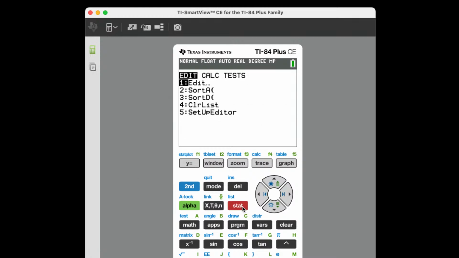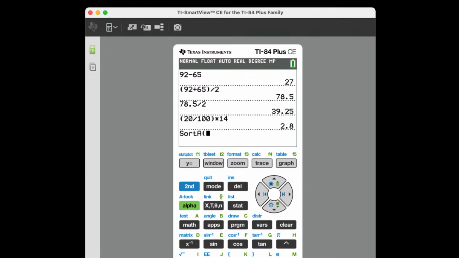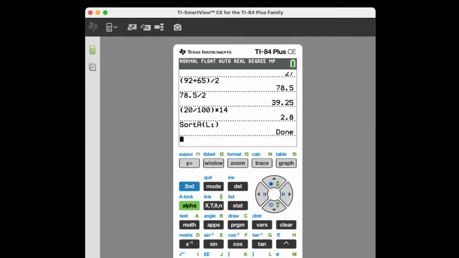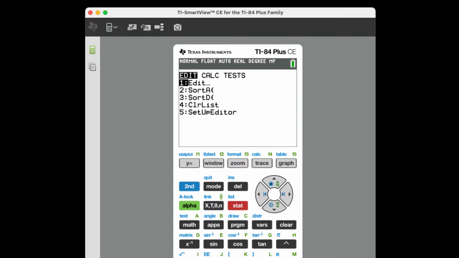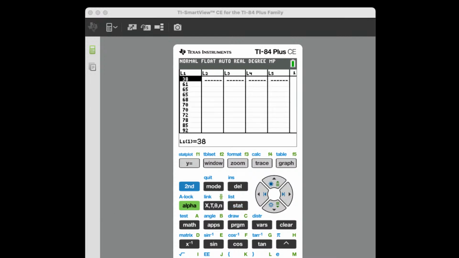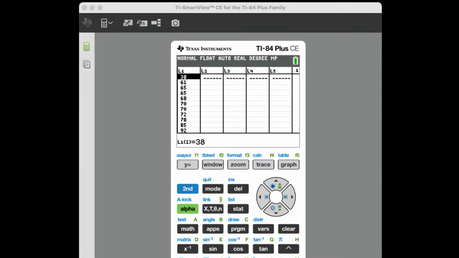Stat, then down to Sort, and what are you sorting? L1. So you hit second one, close it, and you just sorted. Now you go back to the list because it's sorted. How do I get to the list? Stat, edit, edit. And now take a very close look.